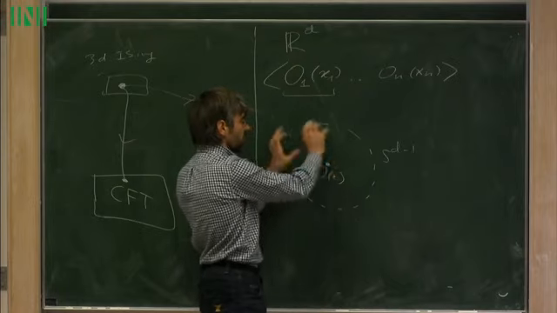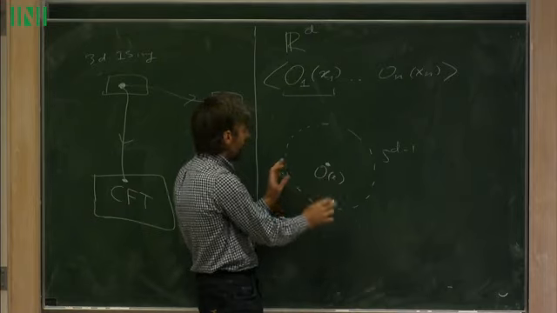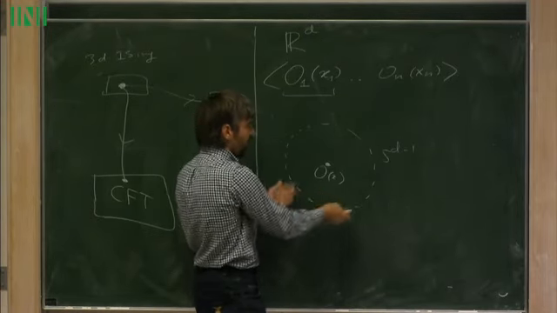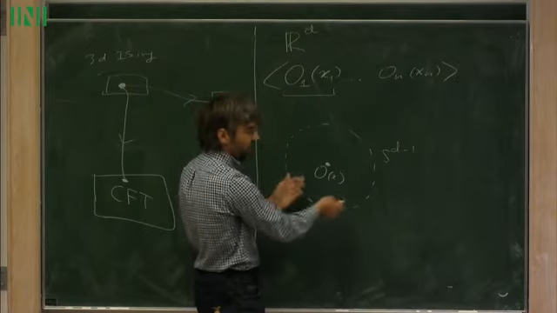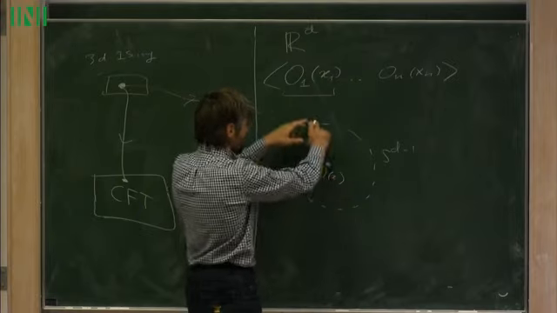When you insert it in a correlation function, we can excise the interior of the sphere and replace it by some sort of state of whatever fields this theory has, which live on this sphere.